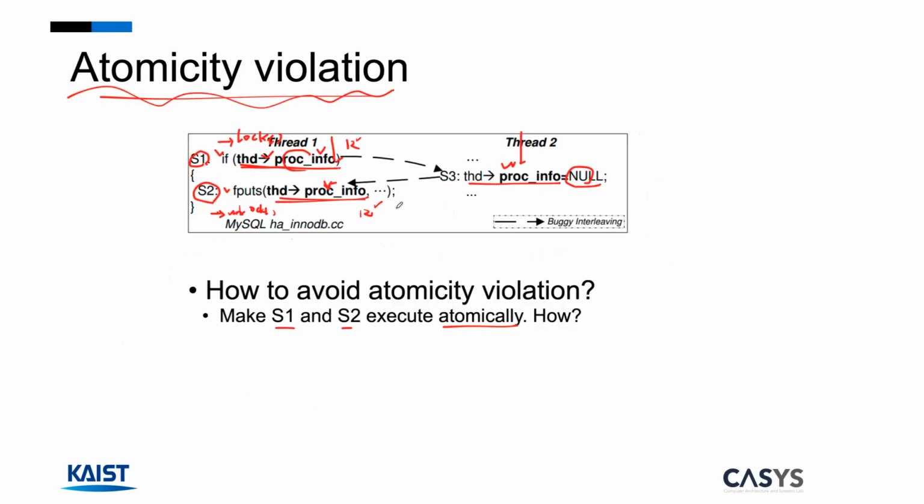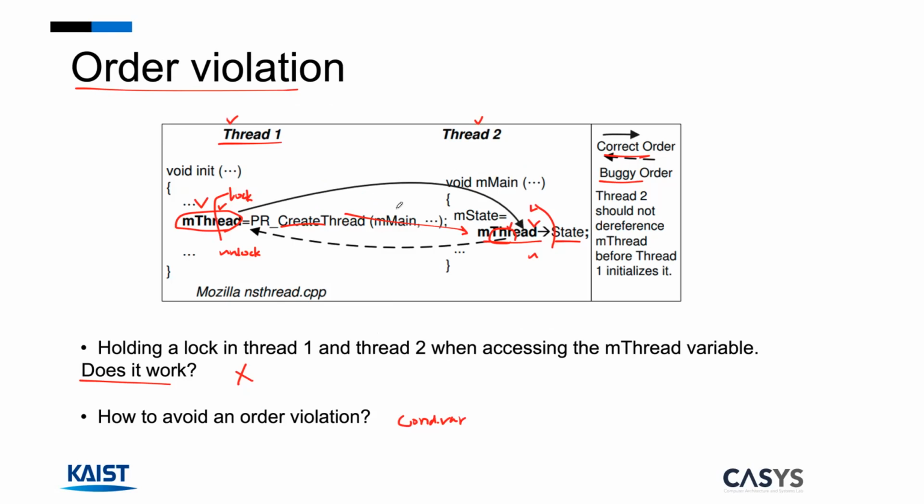These two patterns look very simple, but surprisingly, all the complex bugs fall into these two categories. For order violation, thread 1 must happen before thread 2, but some buggy pattern caused the opposite, giving inconsistent results. So these are the two common patterns.